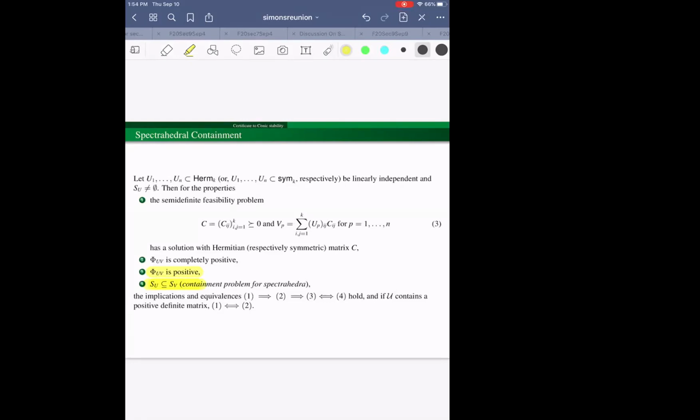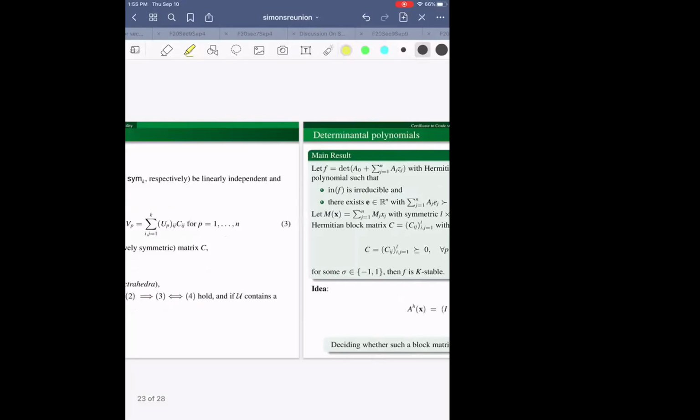Another known fact is that it is associated with a semidefinite feasibility problem, which says that there should exist a positive semidefinite matrix such that the coefficient matrices V_p associated with this spectrahedron can always be represented as a linear combination of the matrix pencil associated with S_U. But this only provides a sufficient condition.